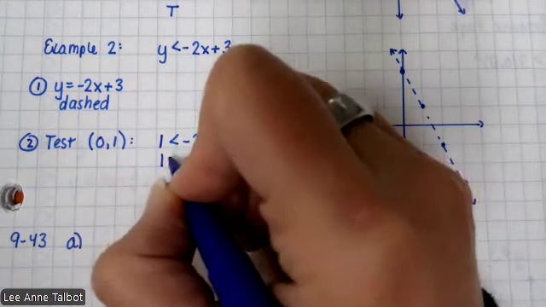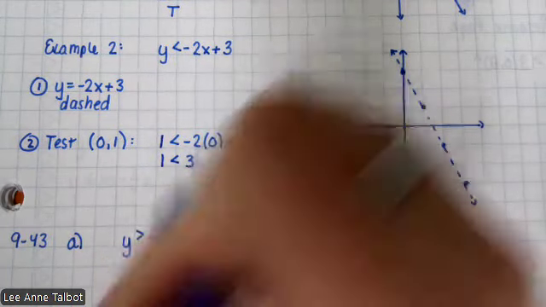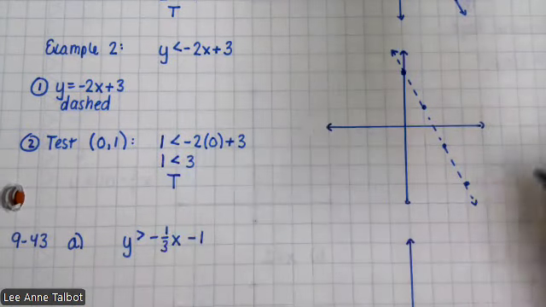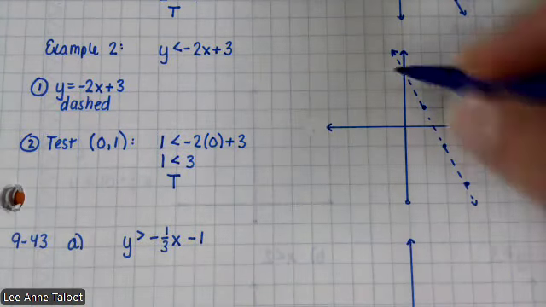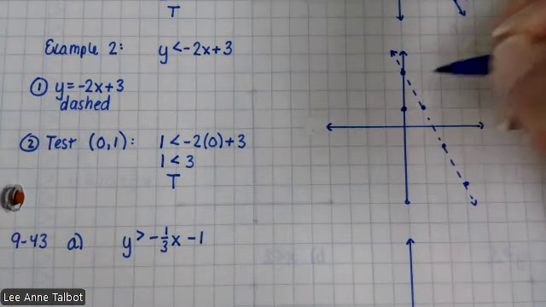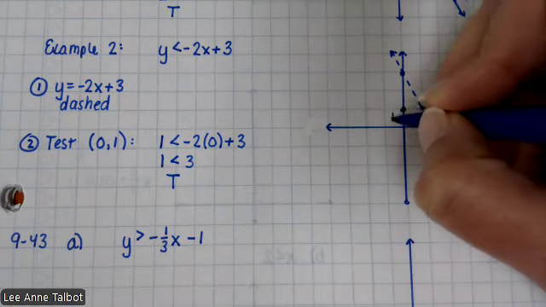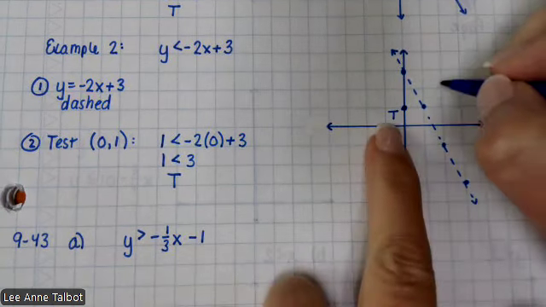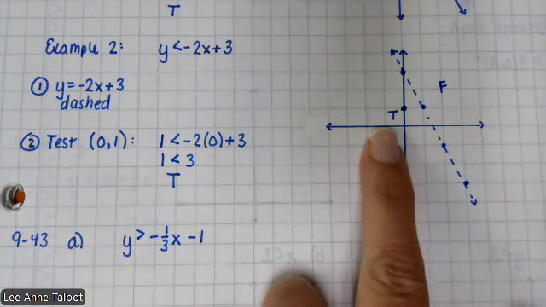Okay, so 1 is less than 3 is true. So I'm going to go to 0, 1 and make my dot and then put true at that dot and false on the other side.